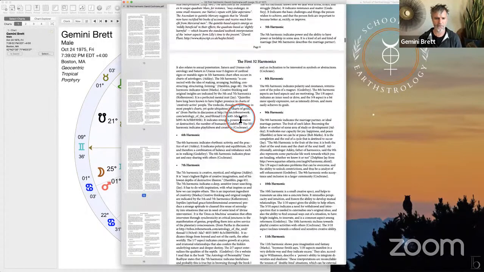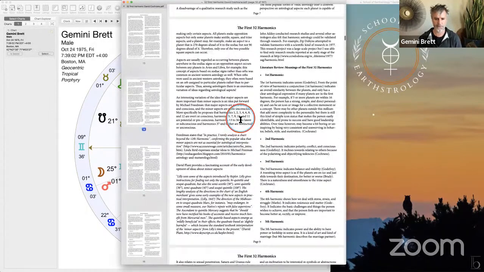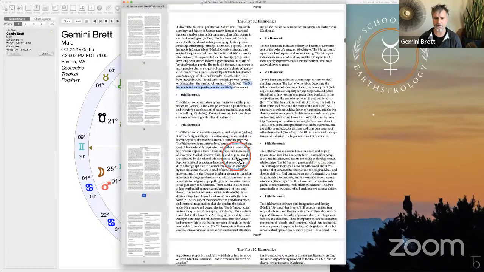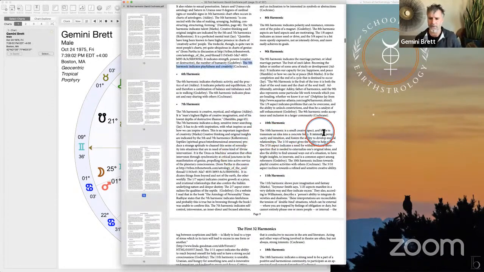quintile, 72-degree family. Let's see, David writes there, the 5th harmonic indicates playfulness and creativity. Okay, if you go to 10th, the 10th harmonic is a small creative aspect, right? So sometimes the 10th is like a smaller division, so maybe a smaller thing. The sextile is kind of like a smaller trine. Trine is more benefic.